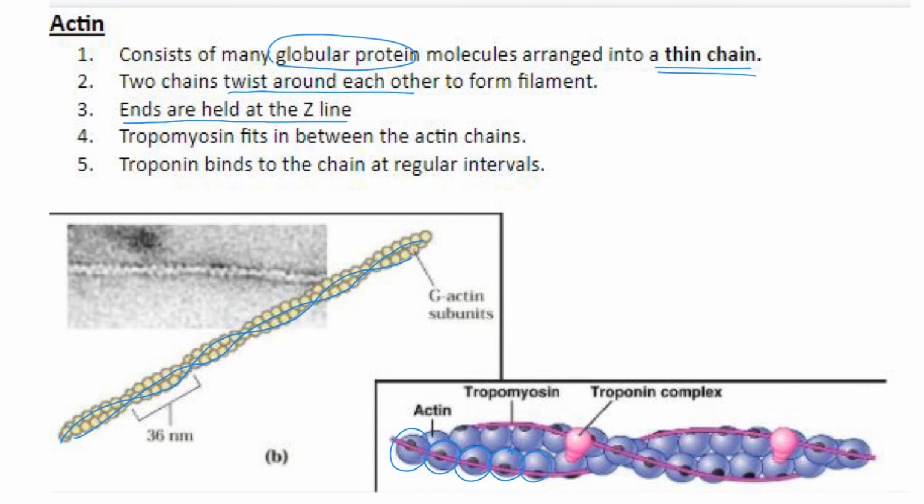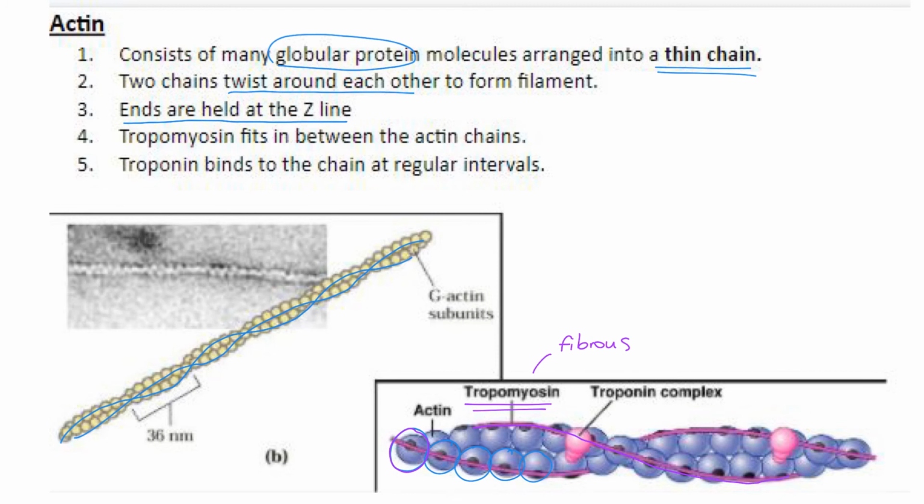Now, when we actually look at this thin chain in the sarcomere, there's more than one protein present. There are three proteins present. There's the globular actin, and then there's the fibrous tropomyosin. Can you see how tropomyosin is this very thin filamentous protein which just travels along the actin?